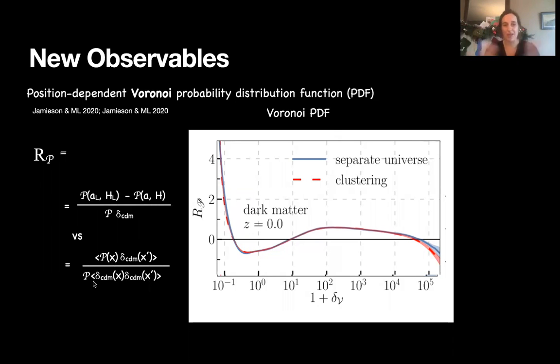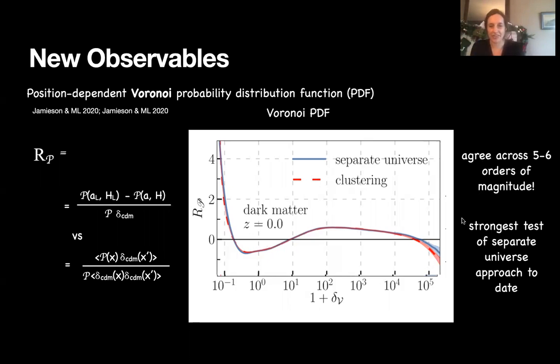But the point of this plot is to illustrate that these two approaches agree really, really well over an enormous range of densities. So here we have separate universe measurements of this sort of bias factor of the PDF selected based on density, compared to traditional clustering measurements, which are the red curves. And they agree across like 5 or 6 orders of magnitude.